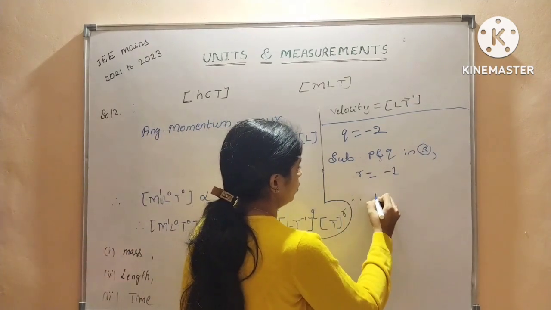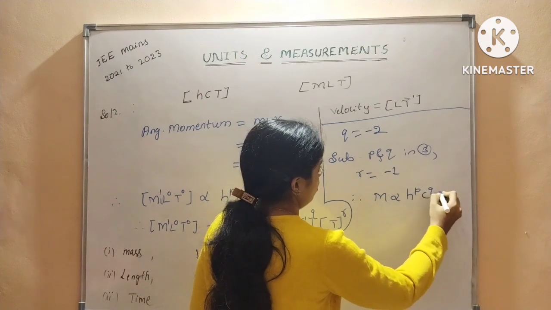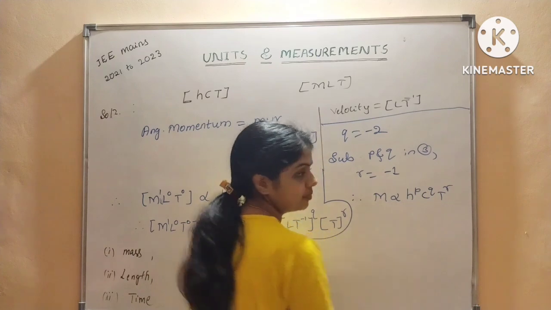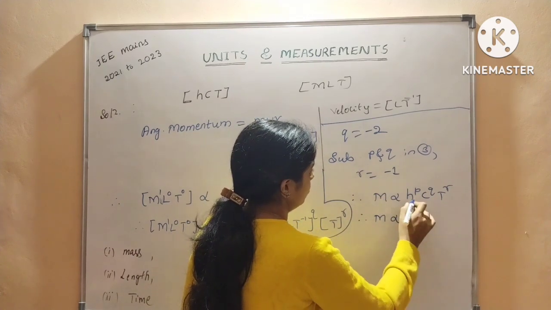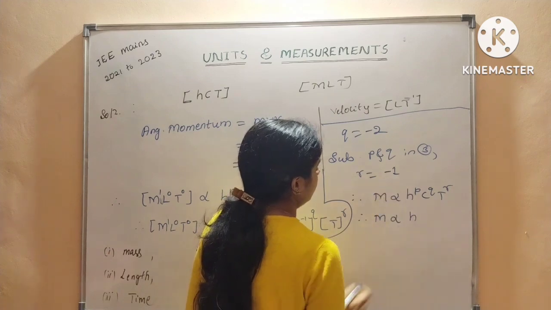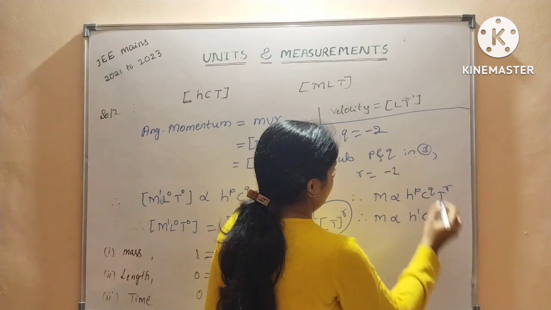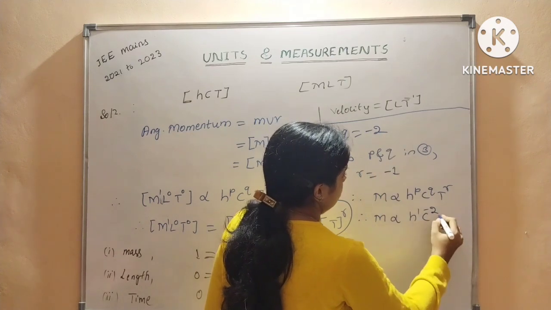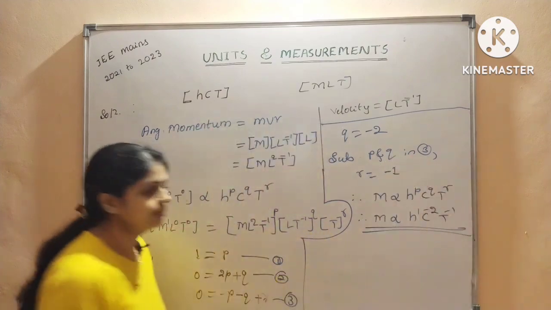Therefore, from the question, m is directly proportional to h^p c^q t^r, where p value is 1, q value is minus 2, r value is minus 1. This is the solution.